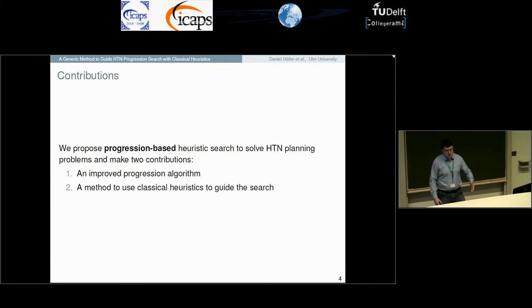Now in the paper we propose progression-based heuristic search to solve such problems, and we make 2 contributions. The first one is an improved progression algorithm that I will not talk about here due to time. But we also introduce a method to use classical heuristics to guide the search, and I want to talk about this in the next slide.